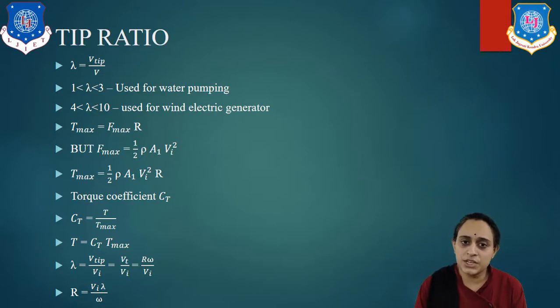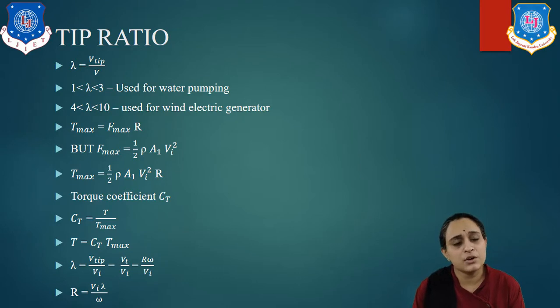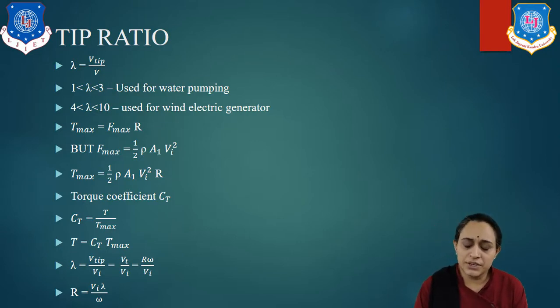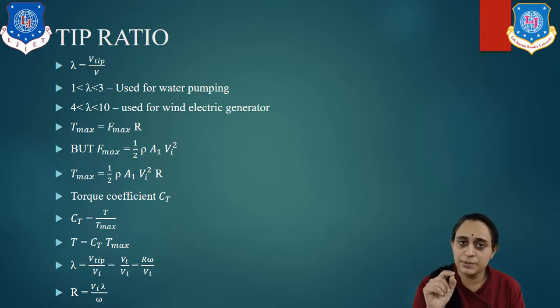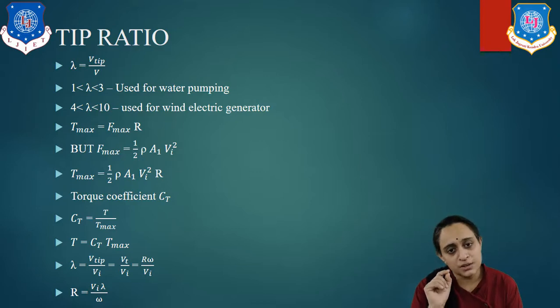If it is 1 to 3, it is used for water pumping, it means the wind turbine will be used for water pumping. And if it is between 4 to 10, it is used for wind electricity generation. Now if it is a low solidity rotor, generally we consider that a low solidity rotor has a very high tip ratio. And what is the tip ratio? V tip by V, velocity at the tip by the original velocity of the wind.